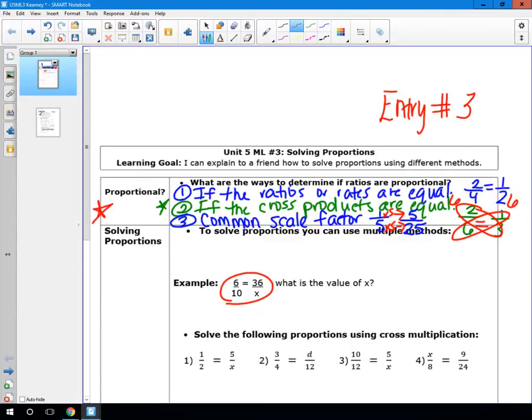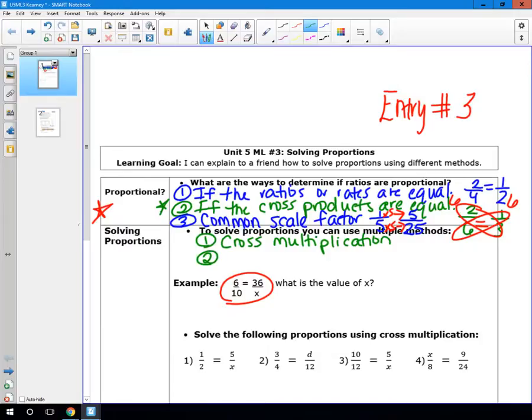We've got to figure out what value of x we could put there to make these 2 ratios proportional. So, if we know that they're proportional, there are several ways. I'm going to give you 3 ways that you can solve for that x. One way is you can use cross multiplication. And that's the way that we're going to use mostly today.